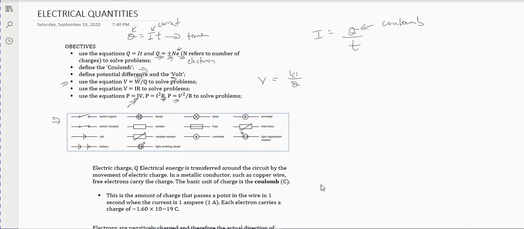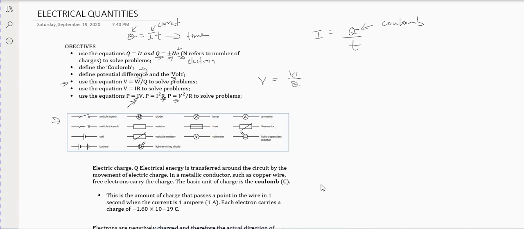It says on the screen that it is the amount of charge that passes a point in a wire in 1 second where the current is 1 amp. So 1 coulomb is that amount of charge that passes through a wire in 1 second when the current is 1 amp. All right, so that's the definition that you will have to know, because the syllabus requires for us to know that.